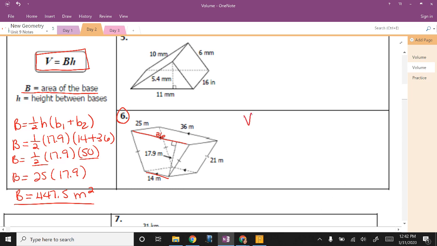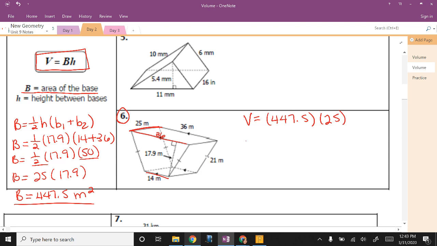So for the volume of this prism, it's going to be my area of my base, which is 447.5 times the height. And remember, the height in this case is the distance between the two bases, which is going to be that 25 right there. So 447.5 times 25.